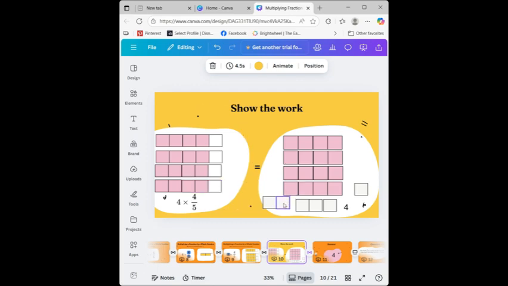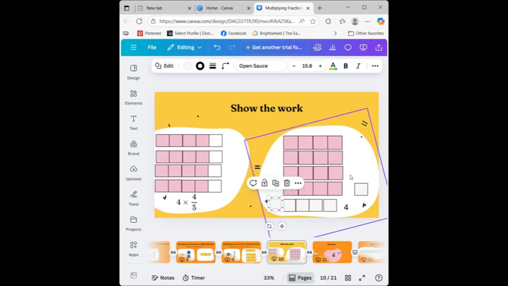Now, to determine the answer, we can count the shaded in parts and move. I always start with the bottom parts, so we can always move over the shaded in parts to determine how many groups we have.